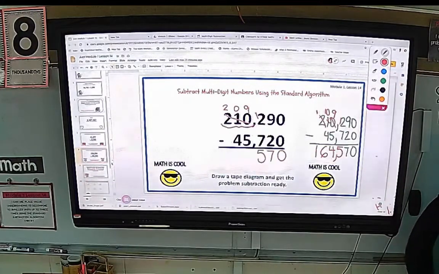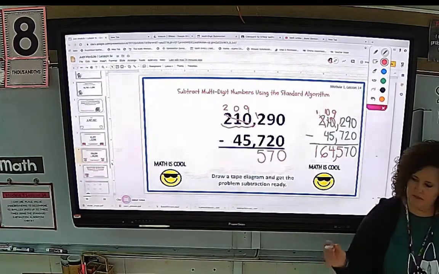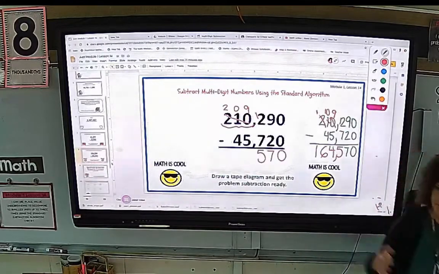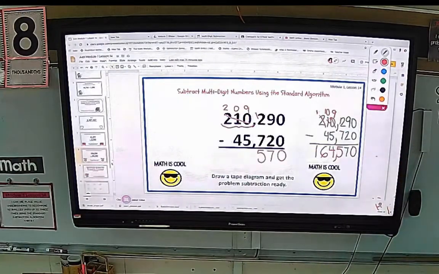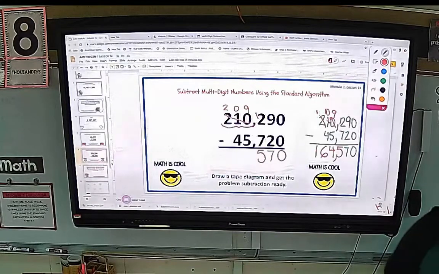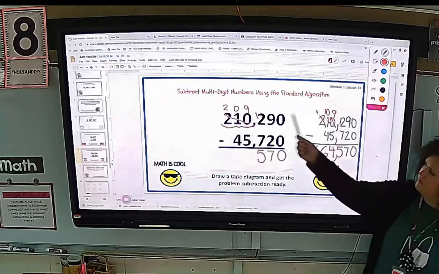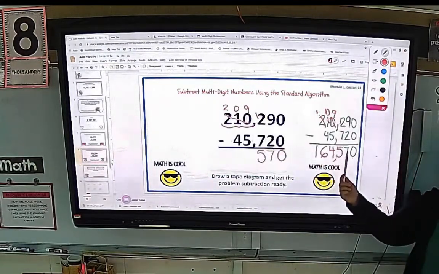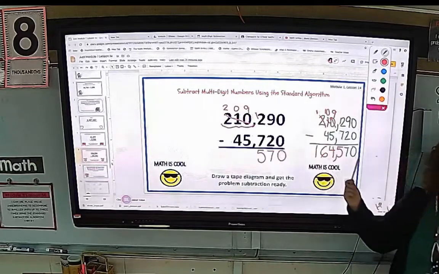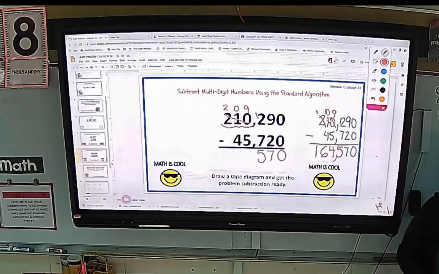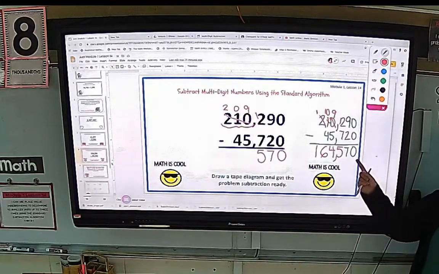I was 4. I said I was 5. But you see how one little thing in the middle of this big problem can change our answer. Okay. Now, do you see how these are different? Which one seems smoother or less confusing? This one? How many of you are more comfortable right here?